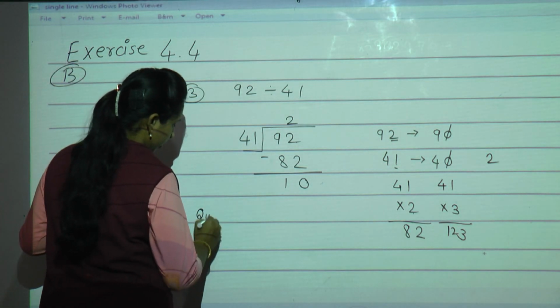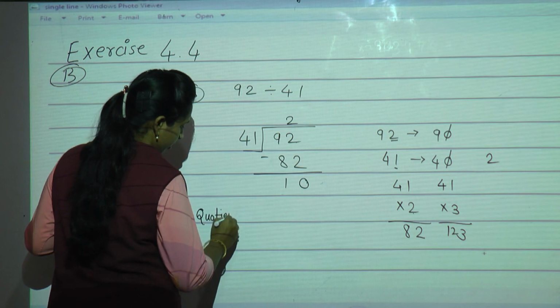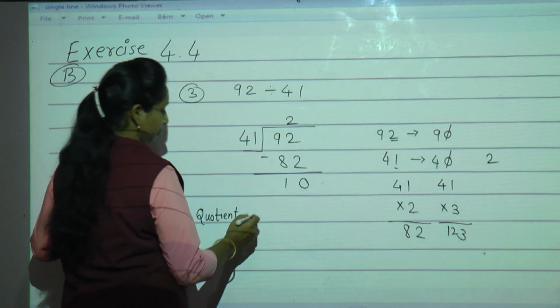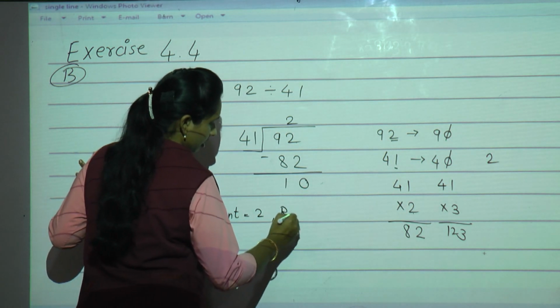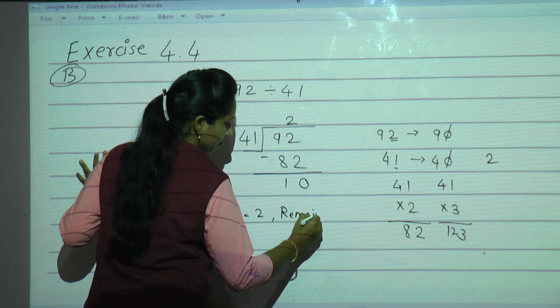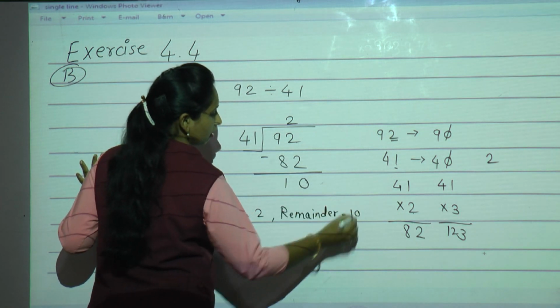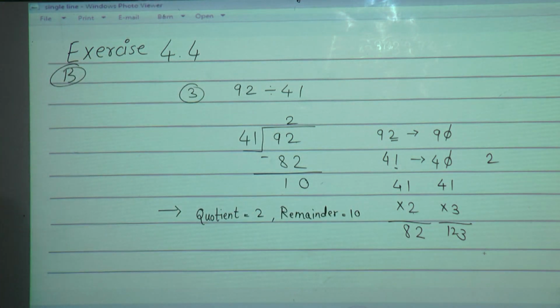You have to write quotient is equal to, what is the quotient? 2, isn't it? And what is the remainder? See, 1 0, 10. Clear? Yes? Understood? We'll solve the next sum. Yes, now we'll go with the next sum.